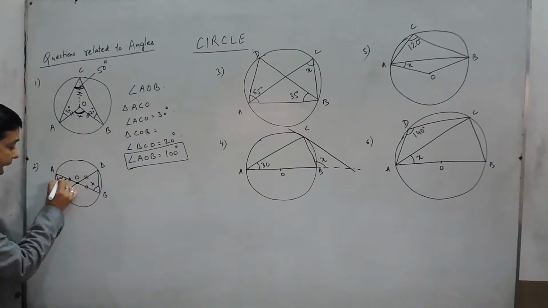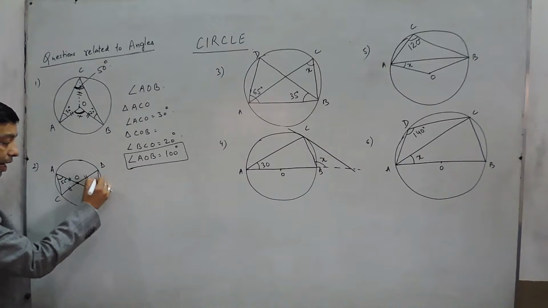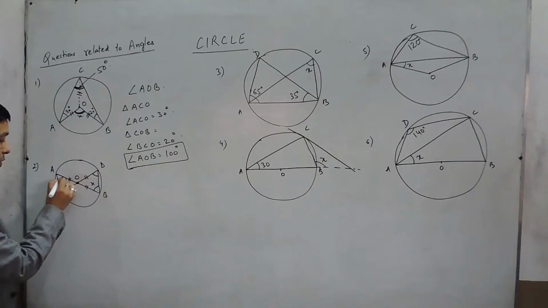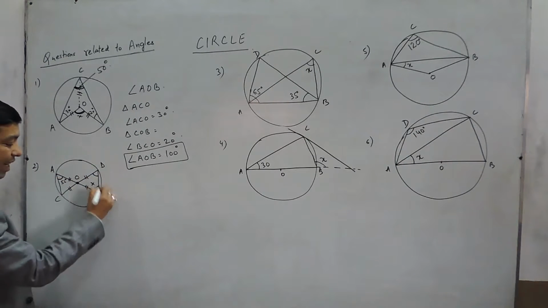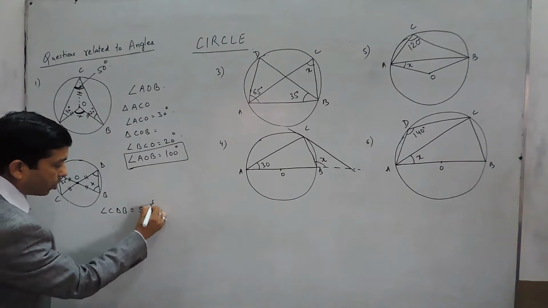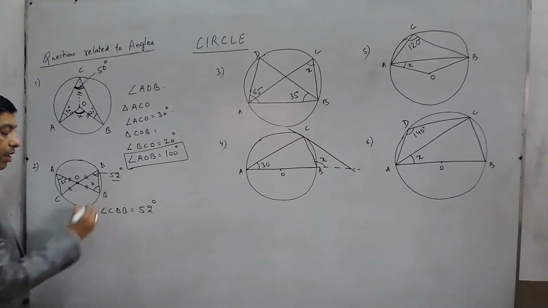We know this angle is 52 degree. So, if we talk about the angle in the same segment, then this angle must be equal to this angle. So, angle CDB is also 52 degrees.